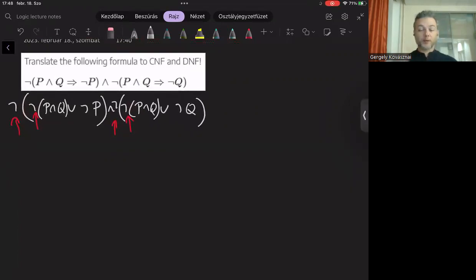Okay, but the question arises, should we apply it to the first negation or the second, or which one? Well, my suggestion is to try to apply it to the first one. Sorry, to the first one. So this one and only this one.